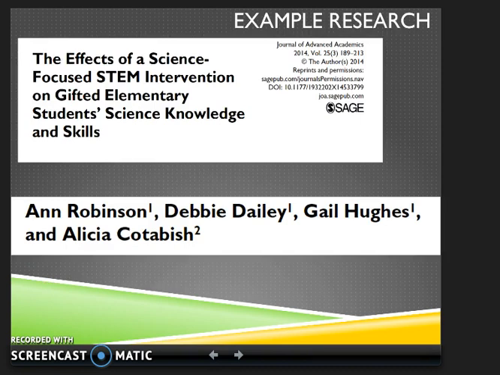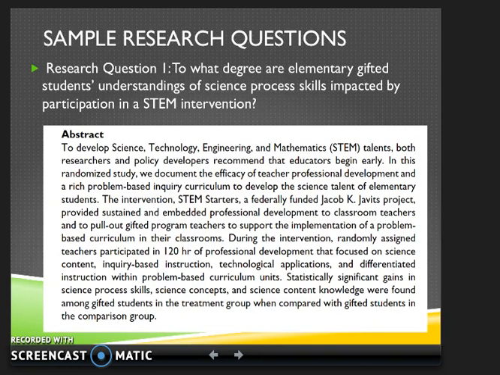You can access the articles in our modules. There's a link to the PDF embedded in the content page, page 4 of this module. So you can take a look at the example articles to get an understanding of what kind of research could be considered as a quasi-experimental research design.